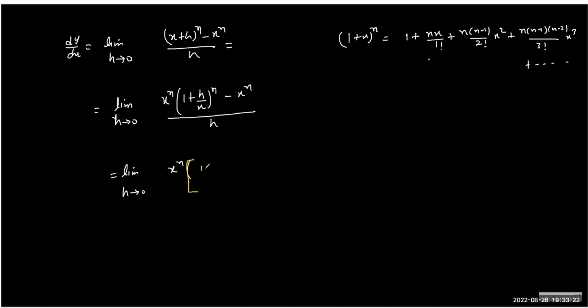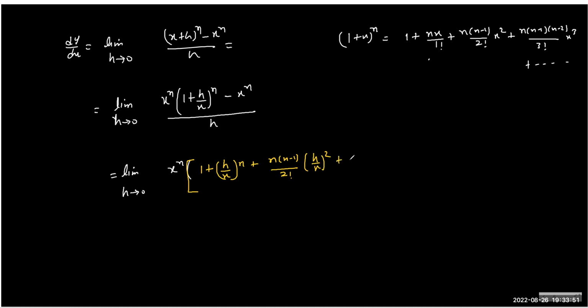So this we can write as (1 plus h by x) power n, and this is nx, right? So nx plus, and upon factorial 1 is 1, so we can leave that. The next one will be n into (n minus 1) upon factorial 2 into x square, which is (h by x) all square. Okay, that's fine.